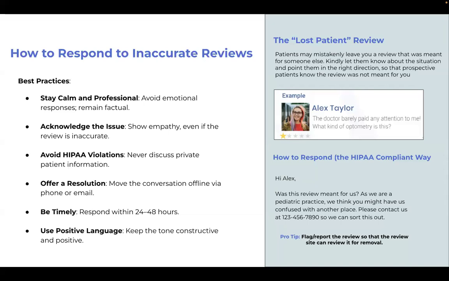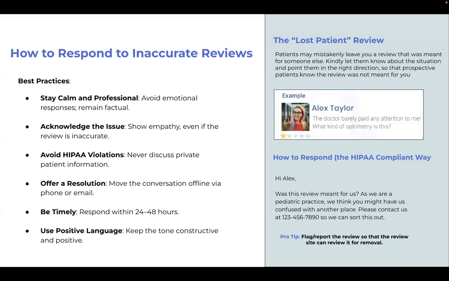So, in the meantime, you will want to respond to those inaccurate reviews to show that you are in control of the situation and you are demonstrating a professional and HIPAA compliant tone or vision of your practice. So, here are some of the best practices to respond to those inaccurate reviews.